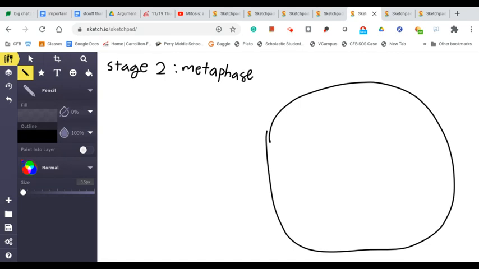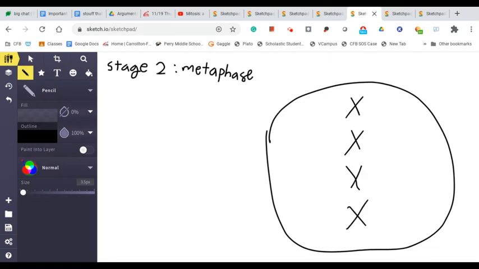And then we get to metaphase, where the nucleus completely breaks down, so we only have the one circle, and the chromosomes line up in the middle like that.